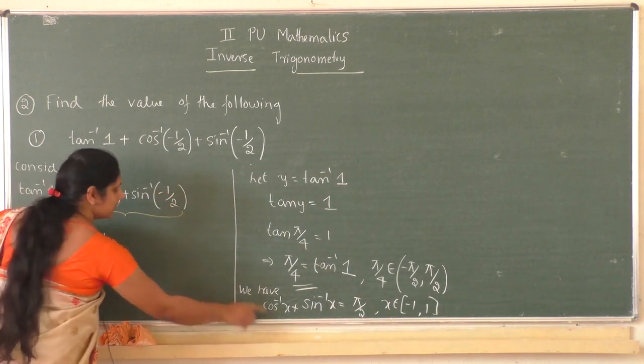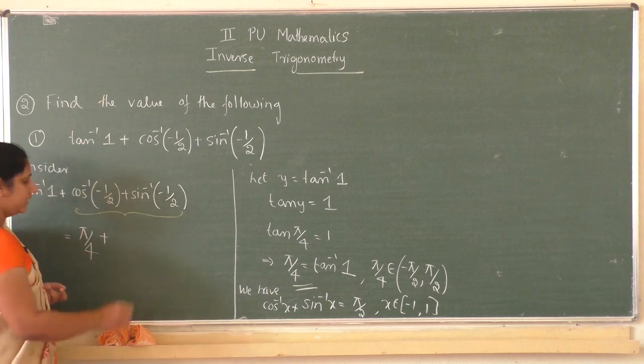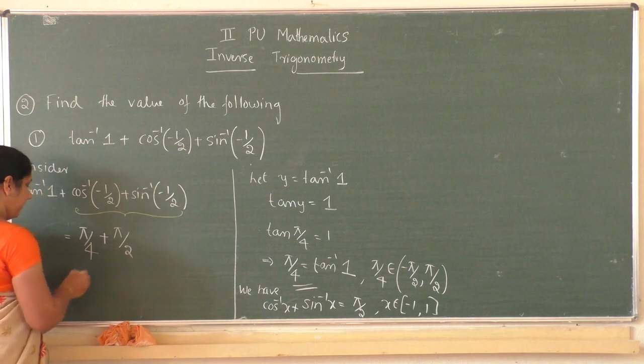Now we have to use this formula here. So cos inverse of minus half plus sin inverse of minus half, we can write pi by 2.